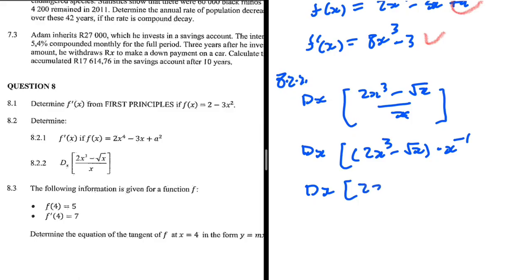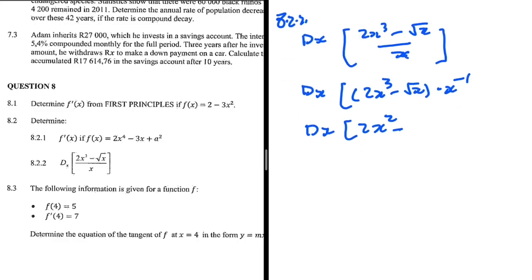We get 2x, adding the exponents, 3 plus minus 1, that is 2. Square root of x is the same as x to the half, and we're multiplying by minus 1, so half plus minus 1 is minus a half. Here we have minus x to the power minus a half.